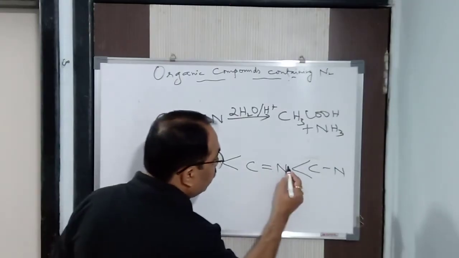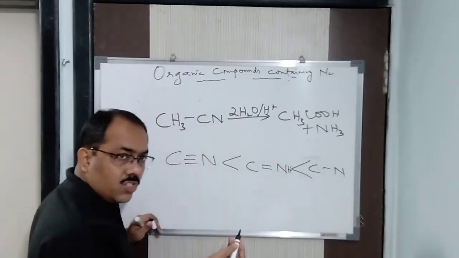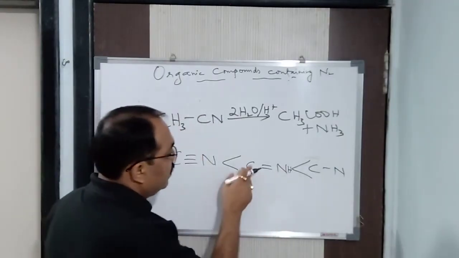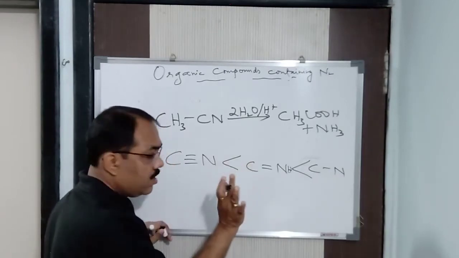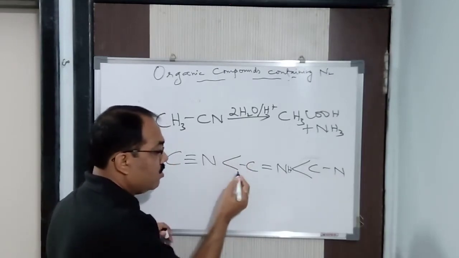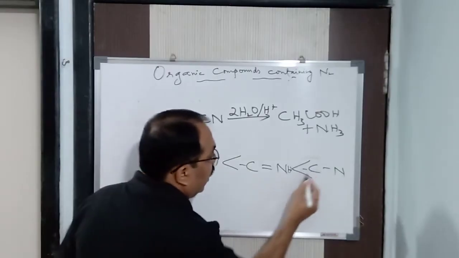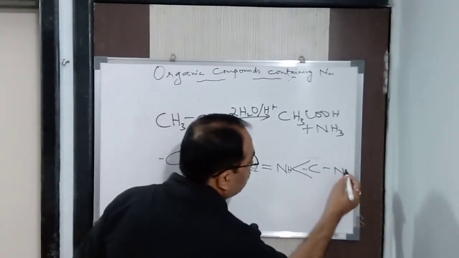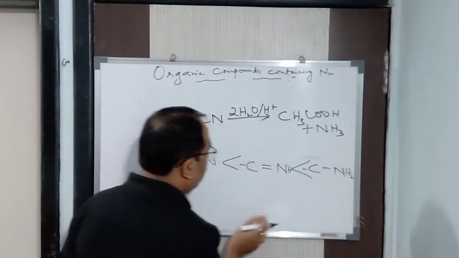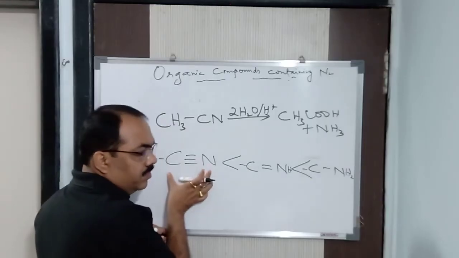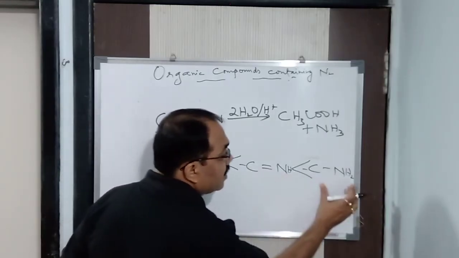Here this is nitriles. Here C double bond N means the other will be NH, and C means any alkyl group will be attached to it. Here it is C single bond N, and the other will be NH2. So here it is nitriles, here it is imines, and here it is amines.